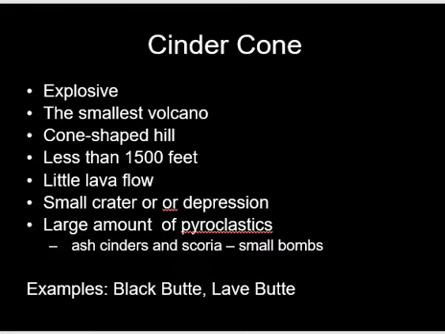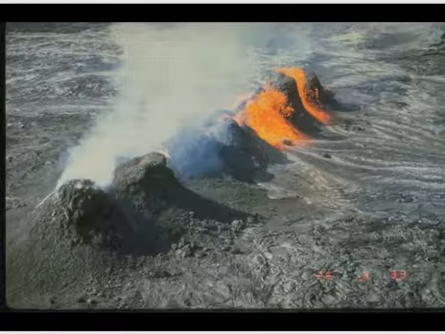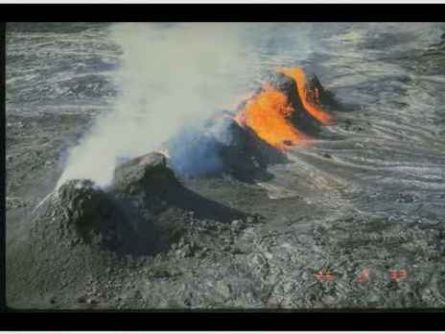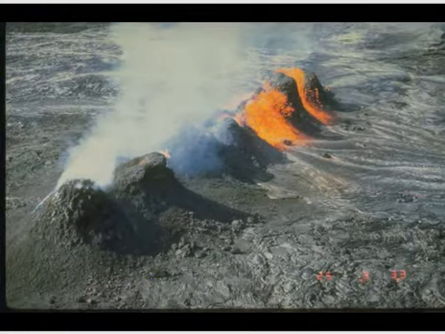They don't have a lot of lava flow, but they have lots of little eruptions of ash or pyroclastic. So ash, cinder, small little lava bombs. And Black Butte, Oregon, and Lava Butte would be examples of these cinder cones. Here's a series of cinder cones along in the Rift Valley.